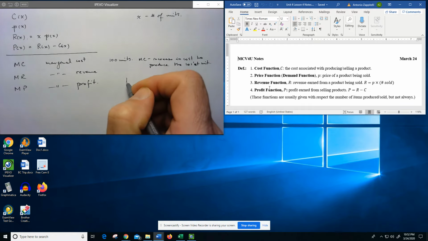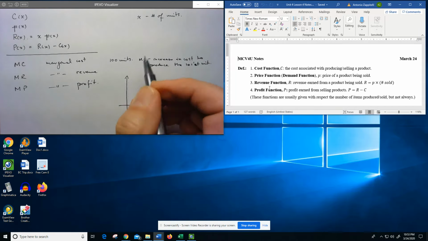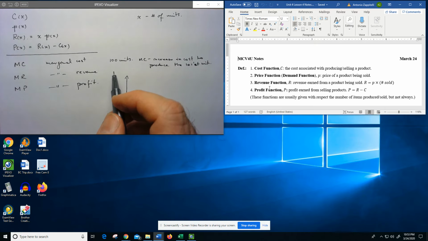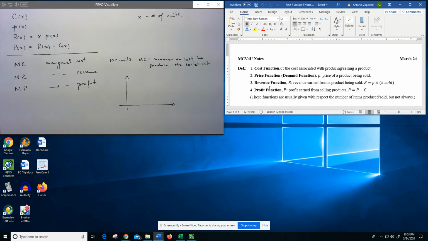So let's take a look at what that would look like on a graph. The other thing you have to remember is that my variable X is the number of units that are being produced and sold. So this is going to be a discrete function, meaning this can only take on integer values. So if I have, say, 100 units, let's say I'm looking at cost here.